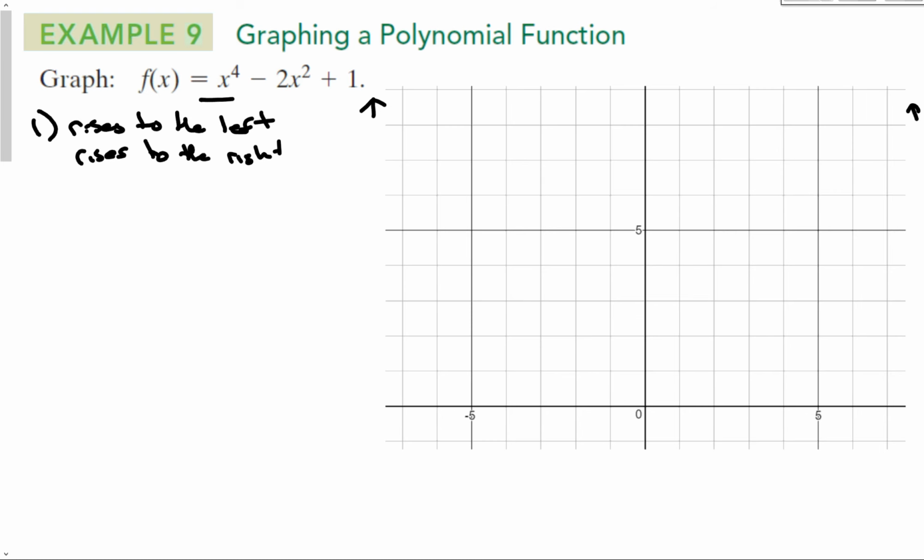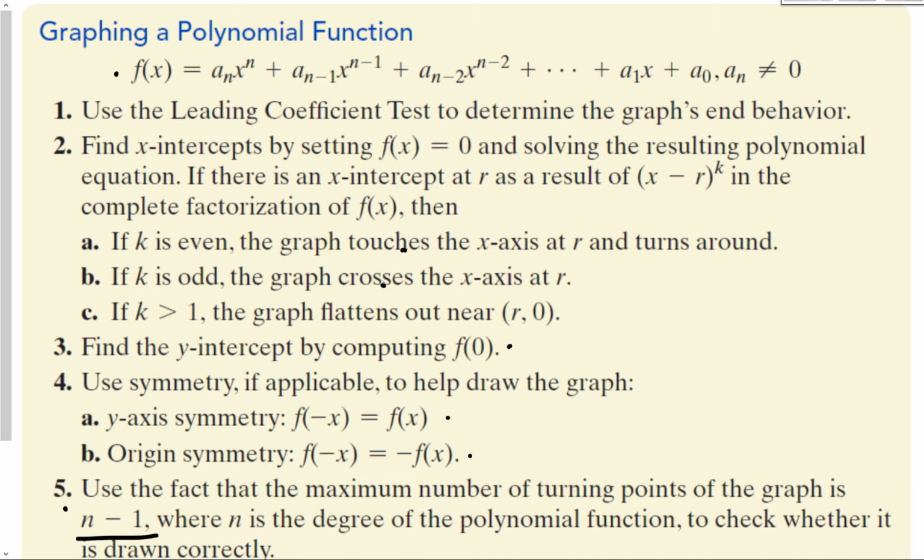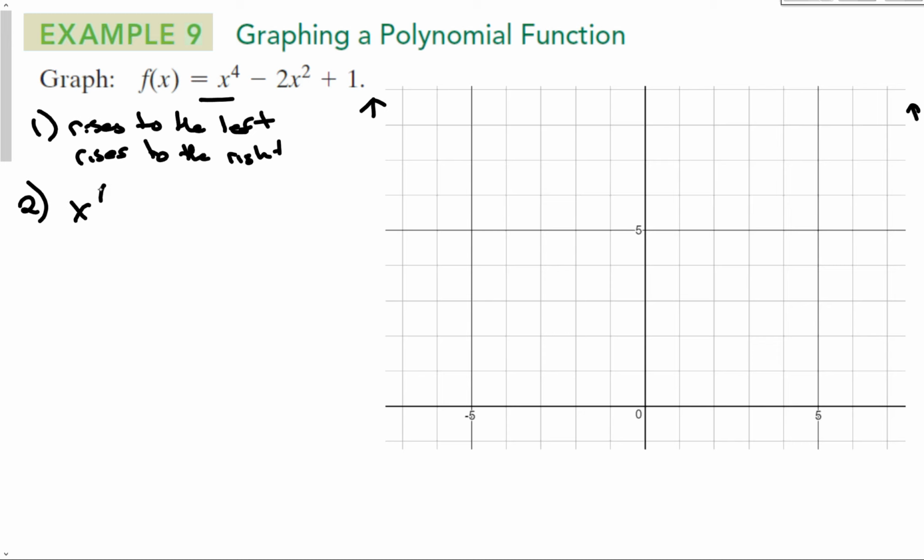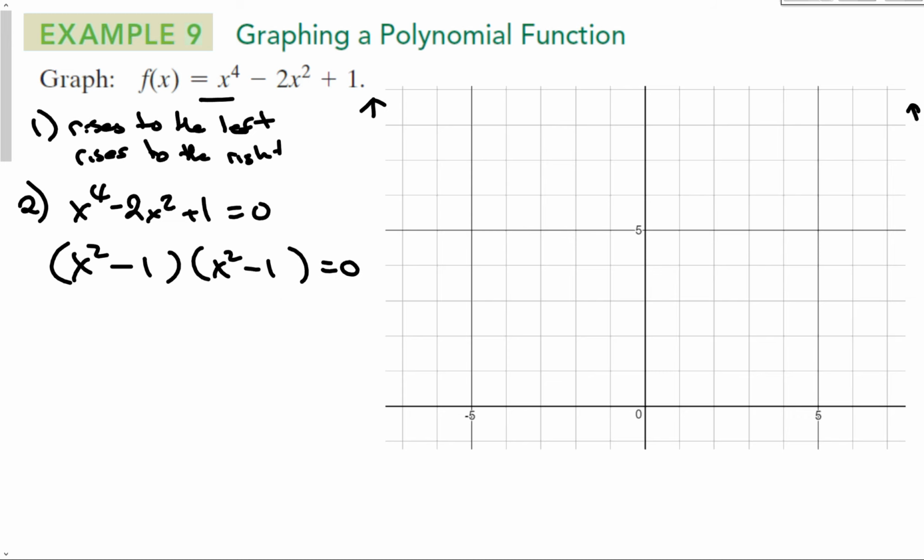Next, step 2. Step 2 was to find the x-intercepts by setting the function equal to 0 and solving. So I'm going to say x to the 4th minus 2x squared plus 1, set it equal to 0. Well, I notice that this factors like a quadratic because it jumps from x to the 4th to x squared to no x's. So I can factor this like a quadratic, except instead of having an x in the front, I'm going to have x squared. And the factors of 1 that add to negative 2 give x squared minus 1, twice.